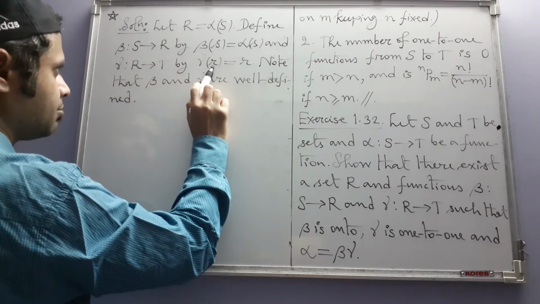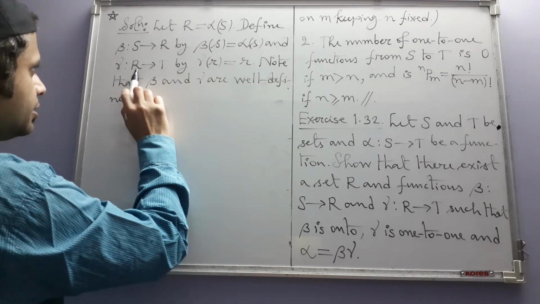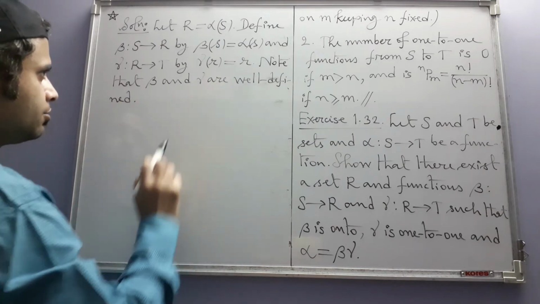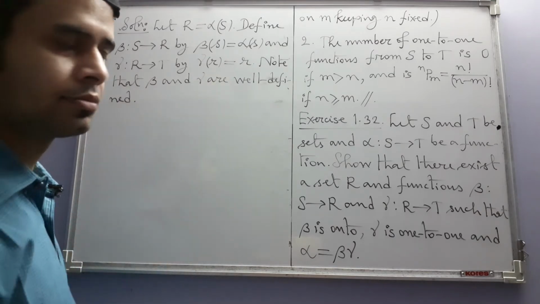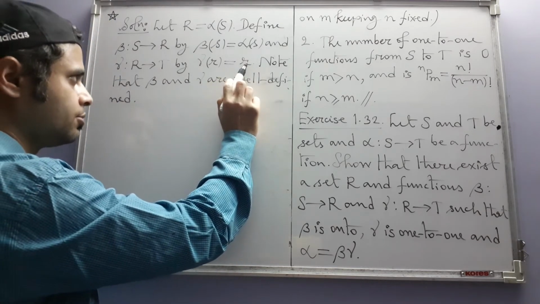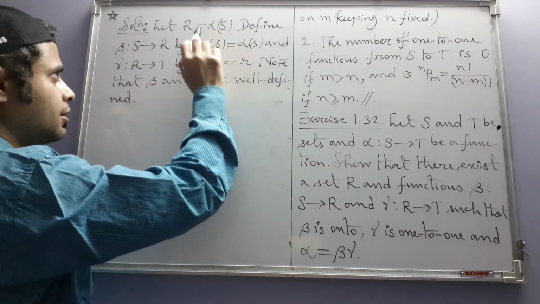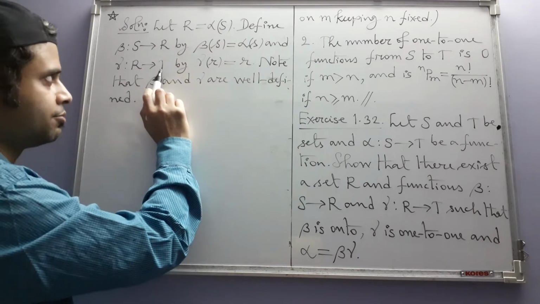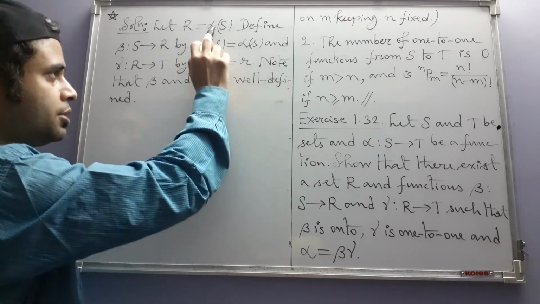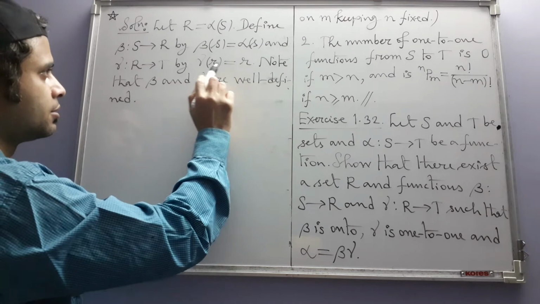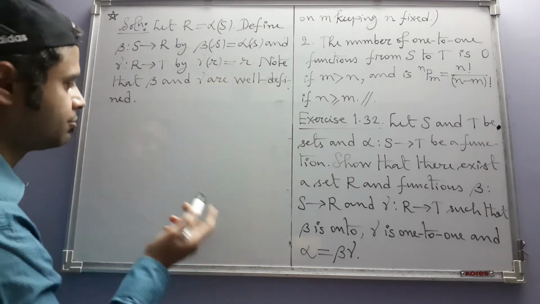To calculate gamma at r, where r is any element here, you do nothing. The output is also r, and that r belongs to T because alpha of S is a subset of T, and originally r has been chosen from alpha of S. So this is also well defined.